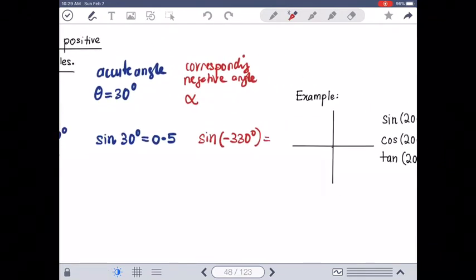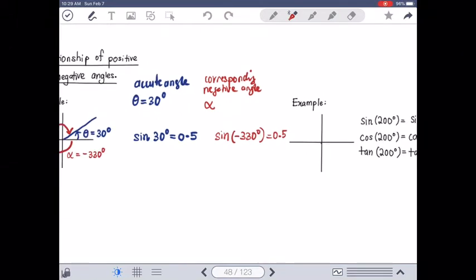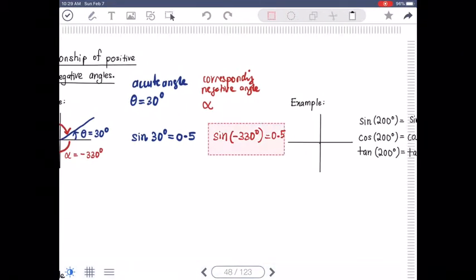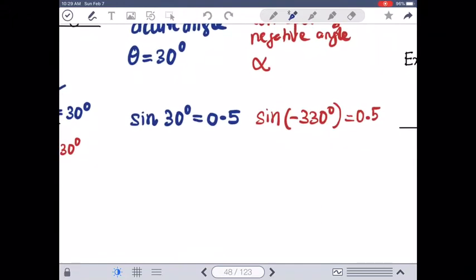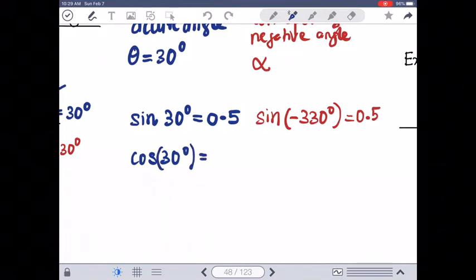You will also get 0.5. Try to find cos 30 degrees. You will get 0.866.